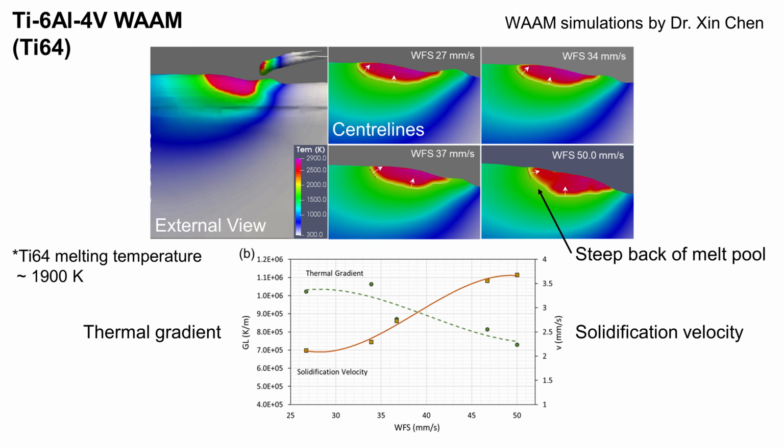With a steep back of the melt pool, the maximum thermal gradient at the bottom of the melt pool points upwards again, but at the back, it points progressively more horizontally towards the moving heat source with increasing wire feed speed. The arrows on the simulation images shown here demonstrate this.